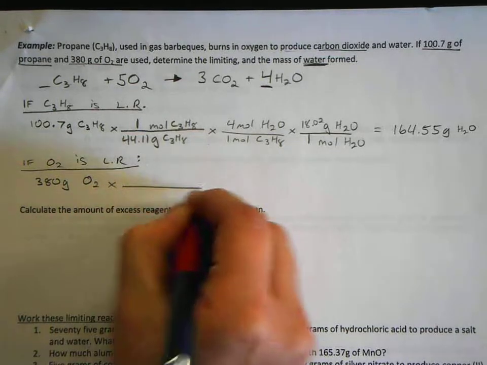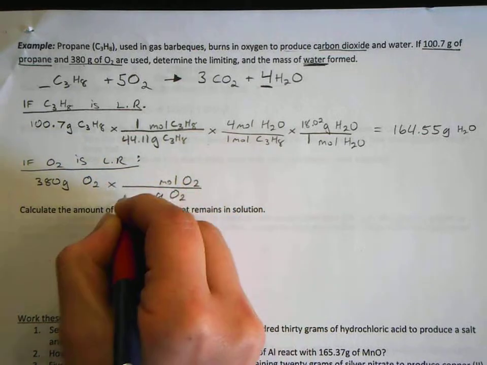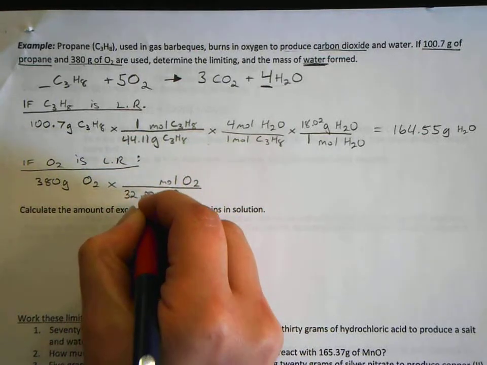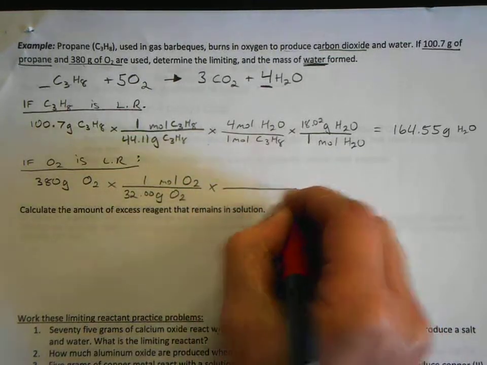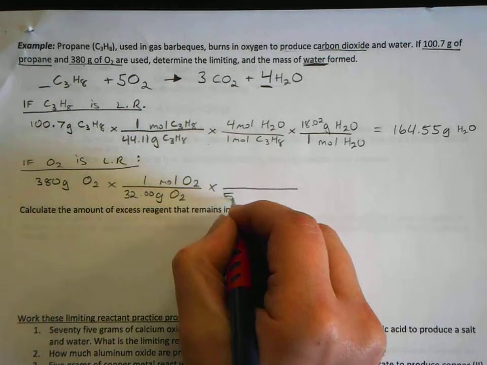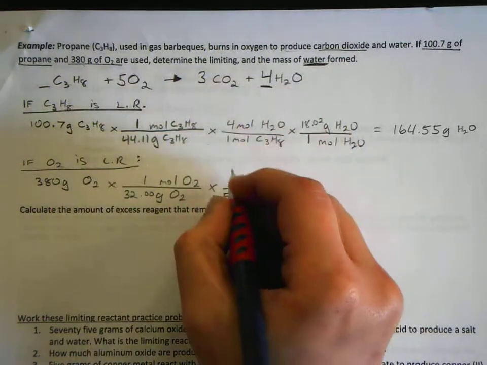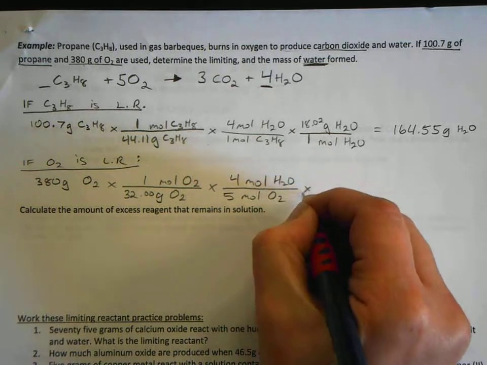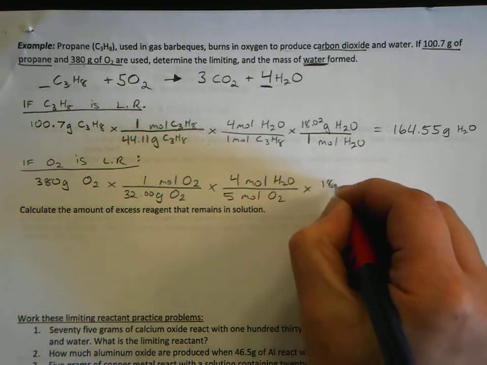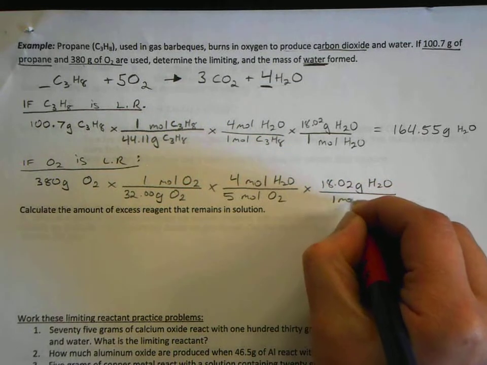And again, we take mass and change it to moles with molar mass. 32 grams of oxygen make 1 mole of oxygen gas. In this case, 5 moles of oxygen would be balanced against 4 moles of water. And then the same ratio here, 18.02 grams of water is in 1 mole of H2O.